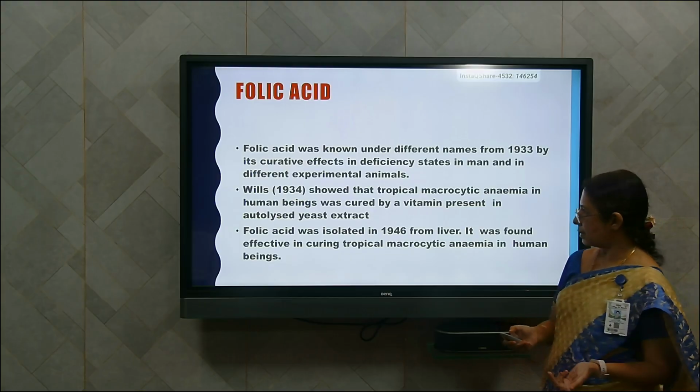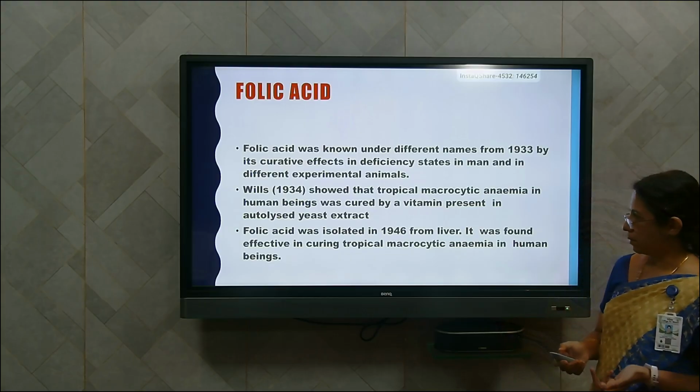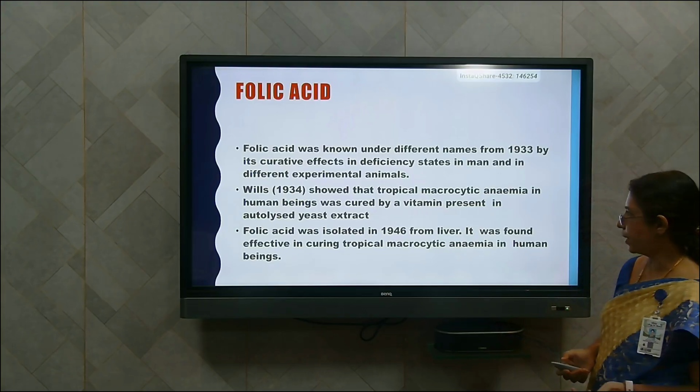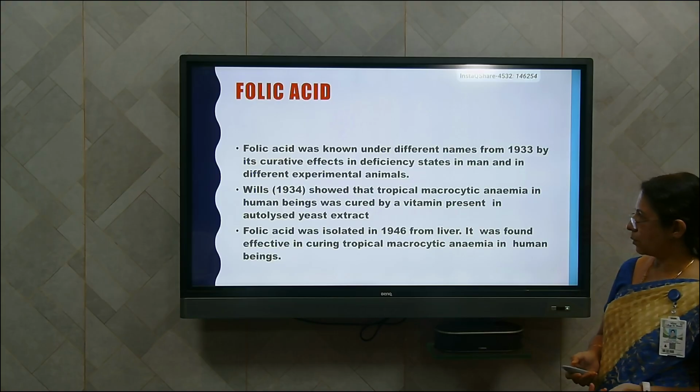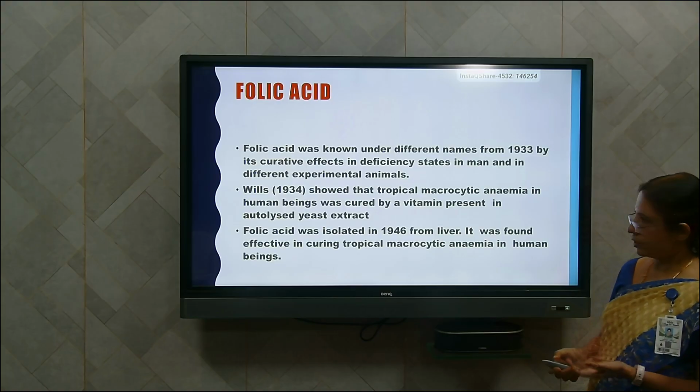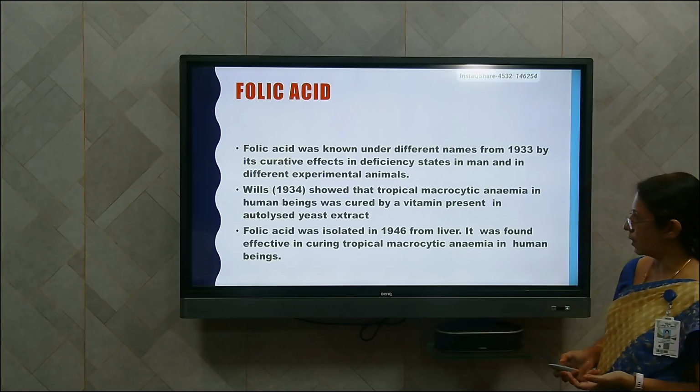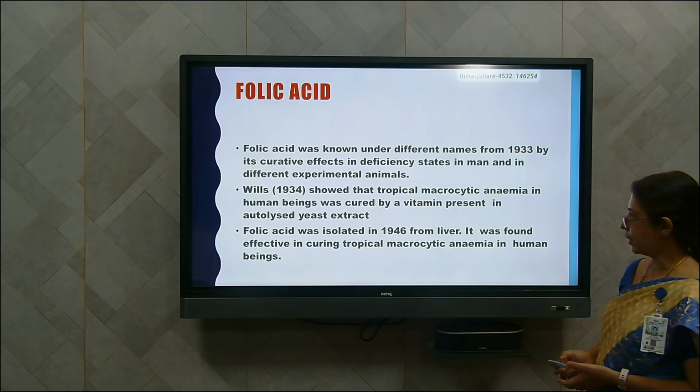In 1933, it was identified to bring about some curative effects in the deficiency states in man as well as in different experimental animals.